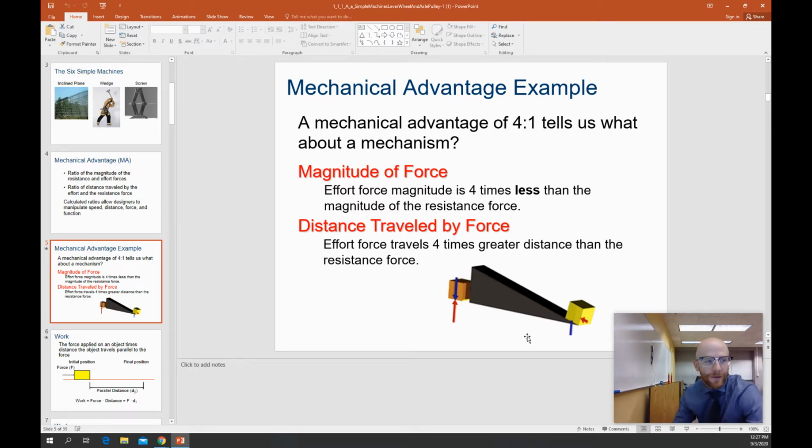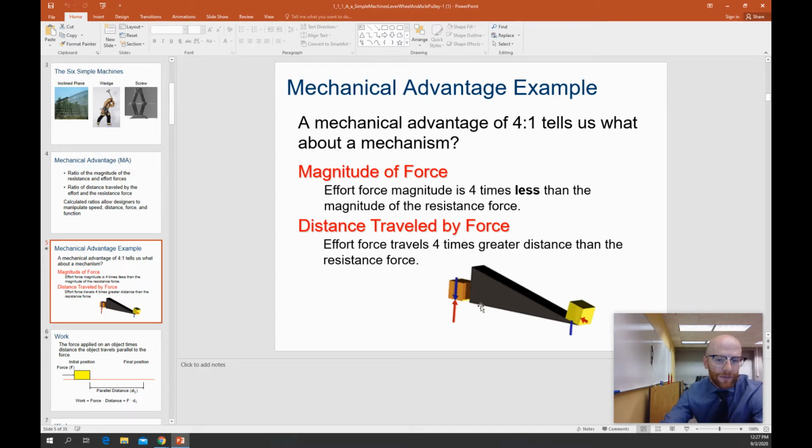Why though? Well, we can look at it two ways. Say this box weighs 400 pounds. Theoretically, we would only have to apply 100 pounds of force against the box to move it up 3 feet using the ramp.